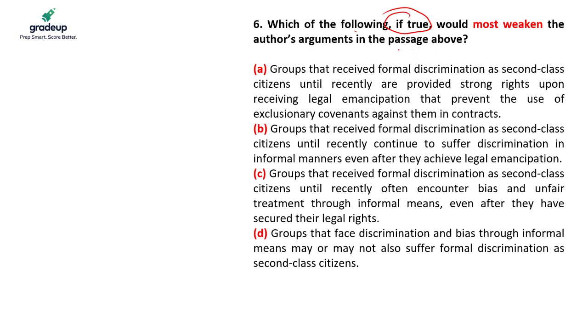What do we mean by weakening an argument? Suppose you have an argument. An argument is nothing but what the author wants to say in a passage. Let's put it this way: he has a conclusion and he bases it on some premises.